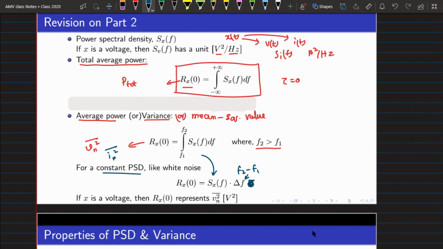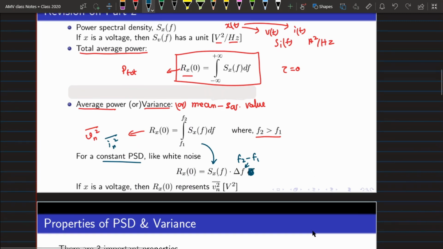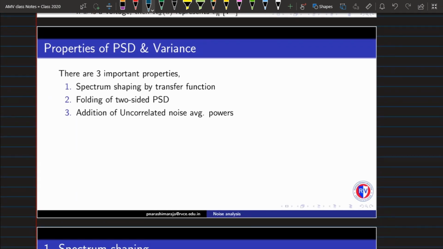So now we move on to the properties of power spectral density and variance. Here we will discuss three important properties of power spectral density and variance. The first two among the three are properties related to the power spectral density, and the last one is a property that belongs to the variance.